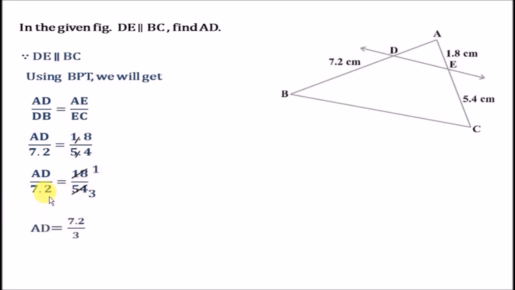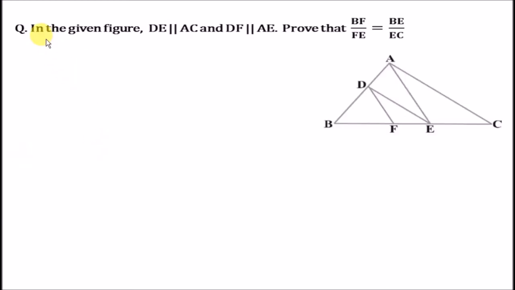AD equals 7.2 into 1 is 7.2, divided by 3. Now 3 twos are 6, 1 will get carried over, and after the decimal we will get 12. 3 fours are 12. So AD equals 2.4 centimeter.